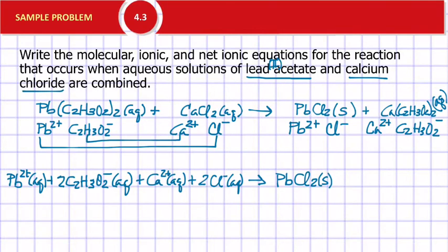If the symbol is S, L, or G, solid, liquid, or gas, don't separate it into ions. And then the last one is a strong electrolyte, so we've got calcium 2 plus and 2 acetate ions. That's our ionic equation. If we copy things down carefully, it will already be balanced.